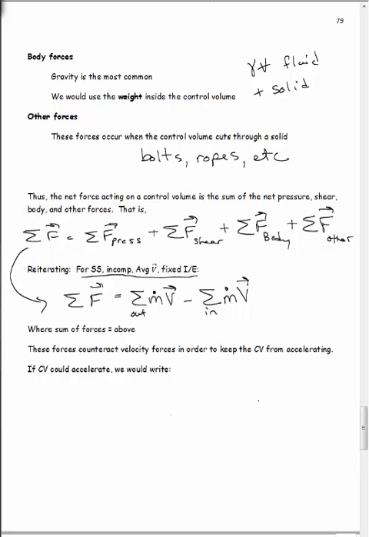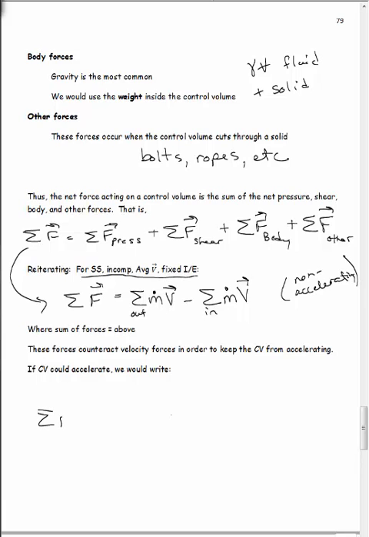Okay, and remember, you use this form if you have a non-accelerating CV. If you did have one that could accelerate, say it's some sort of rocket or something like that, then what you would do is just pull these over to the other side.